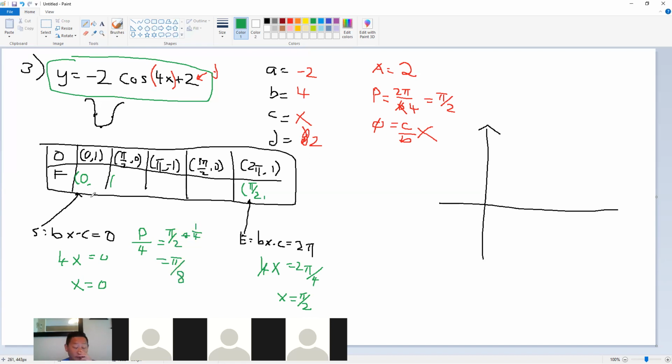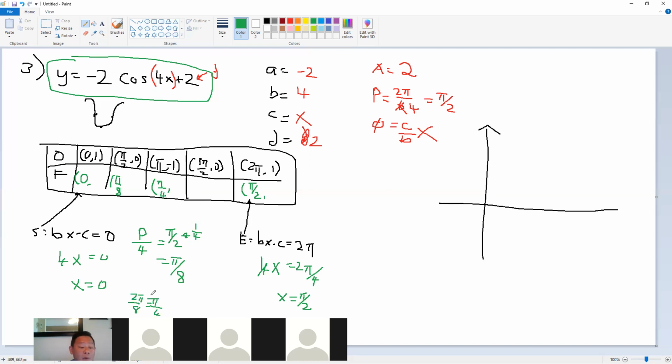2 times 4 is 8. So to find the next one, I have to add pi over 8. It becomes 0 plus pi over 8 is pi over 8. Then I add another pi over 8, so it becomes 2 pi over 8, which is the same as pi over 4.